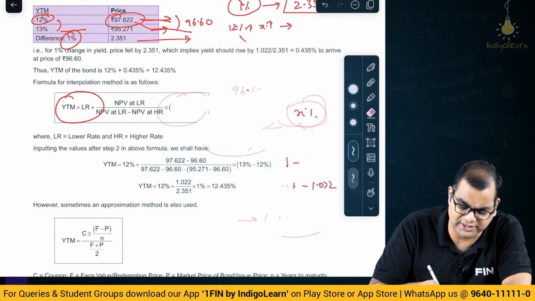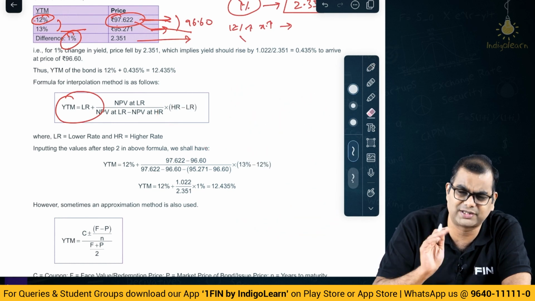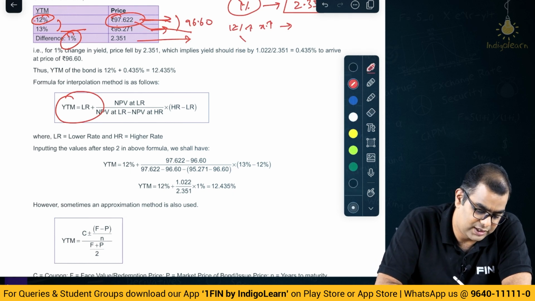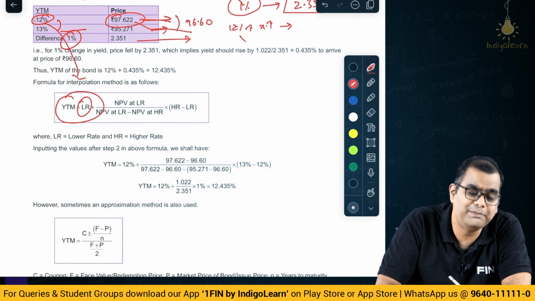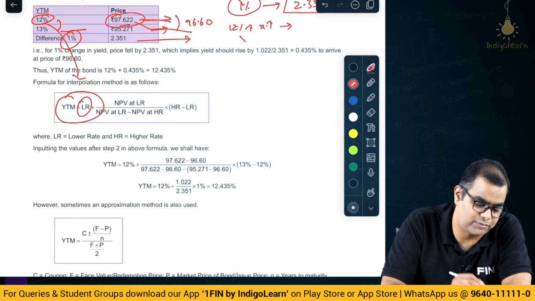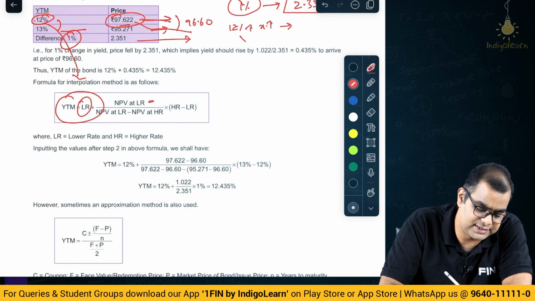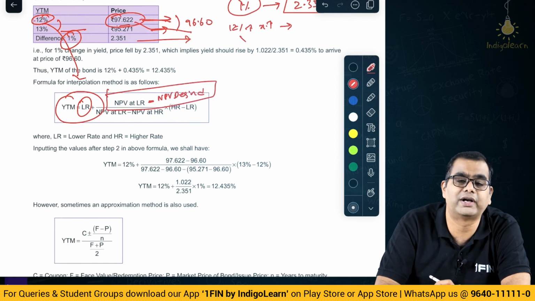This is a very simple logic. There is nothing complicated. Just think about it for 5 minutes. The formula is, yield is lower rate, which is 12%, plus NPV at the lower rate, which is 97.622, minus NPV desired. Okay, there is a correction in the formula. NPV at lower rate minus NPV desired.